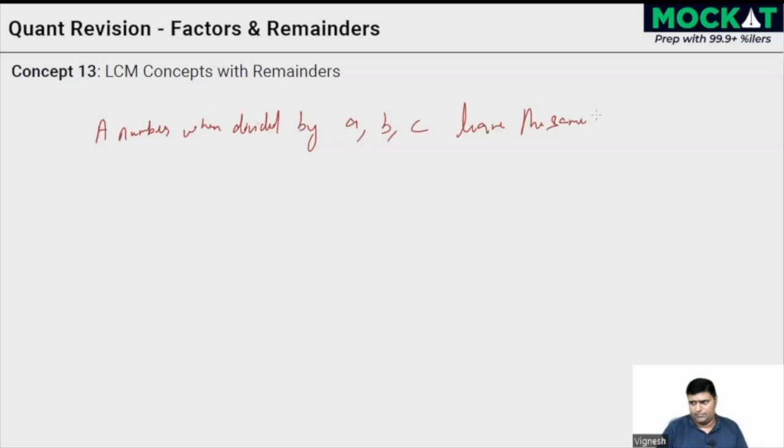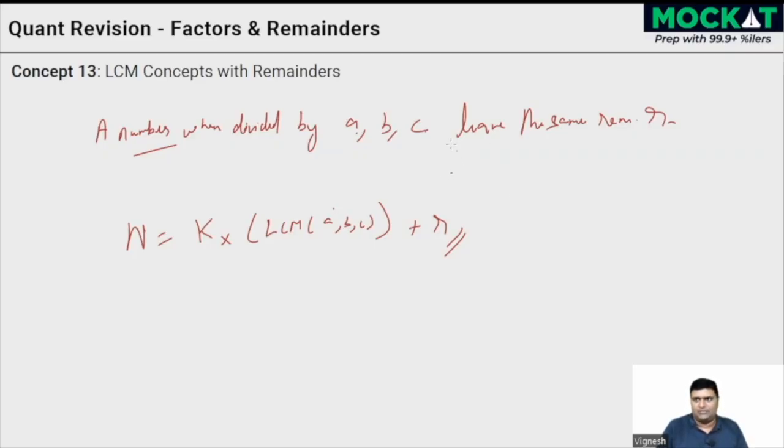Same remainder R, let's say, right? What is the number format? That number format is nothing but K into LCM of A, B, and C, and then you have an R, right? When you divide by A, B, C, the remainders are the same, then this is the format over here.